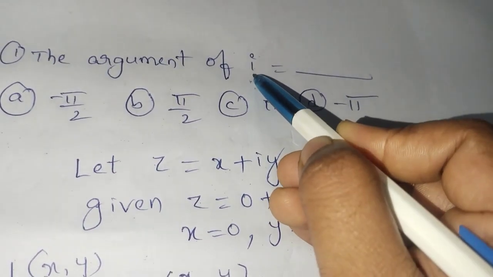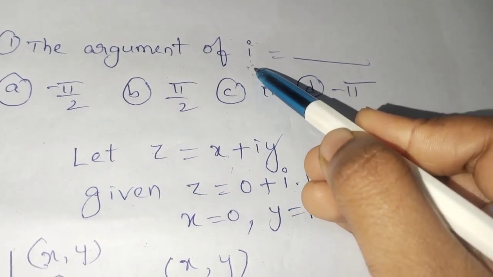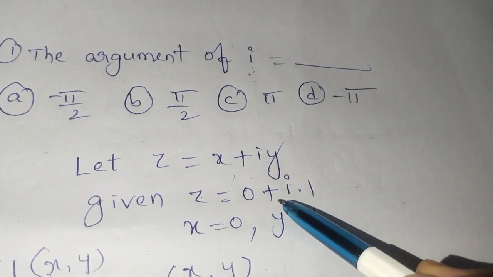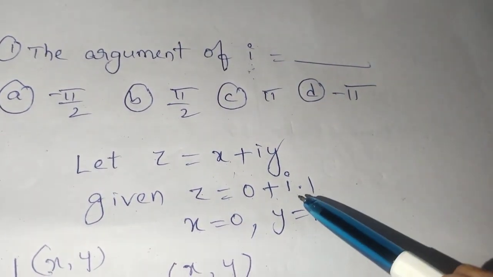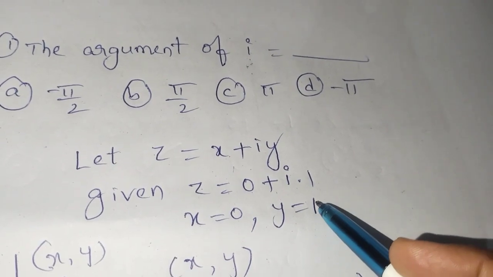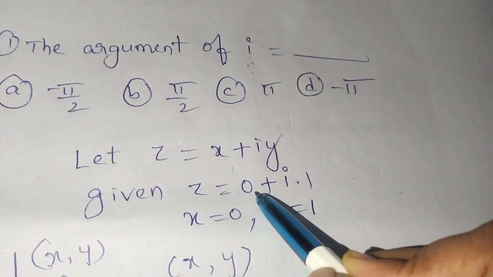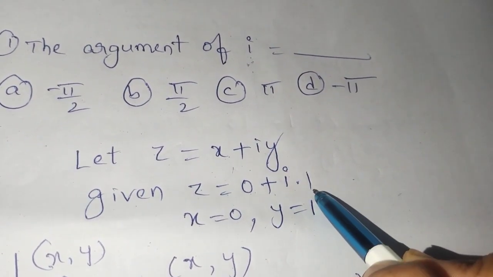Now compare the given complex number with the general form. How can I write this? Z is equal to 0 plus i into 1. So that is i. Now compare: x value is 0 and the i coefficient, that is the y value, is 1.